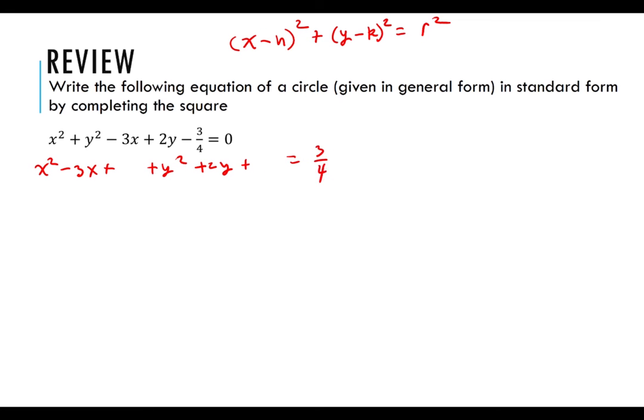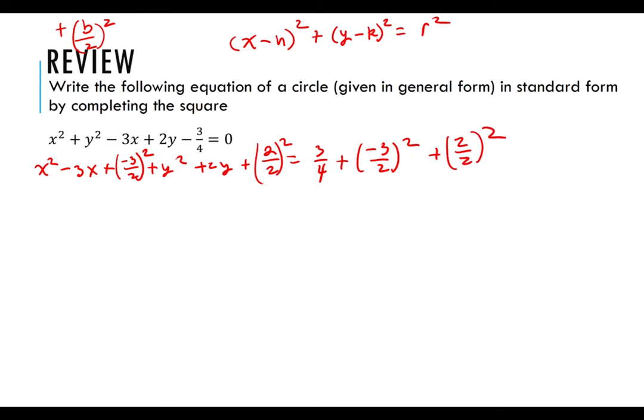Well, really you're completing the square for two pieces, so remember that your magic number to add is b over 2 quantity squared. And so here, if I have plus negative 3 over 2 quantity squared, I add it over here, plus negative 3 over 2 quantity squared. And then here I add the same thing, positive 2 over 2 quantity squared, add positive 2 over 2 quantity squared.